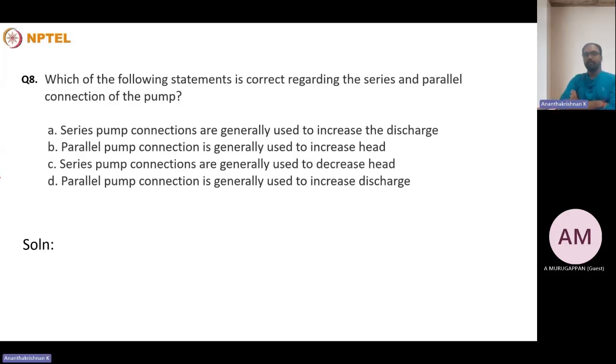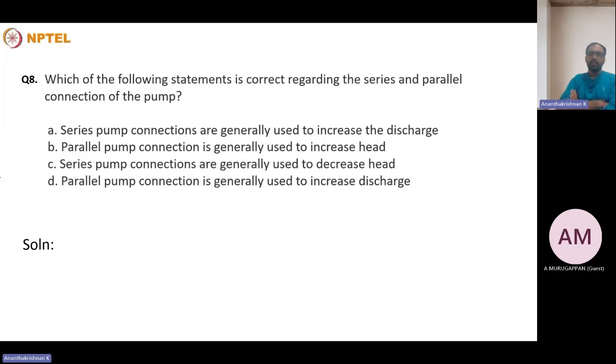Which of the following statements is correct regarding the series and parallel connection of the pump? Series pump connections are generally used to increase the discharge. Parallel pump connections are generally used to increase head. Series pump connections are generally used to decrease head.